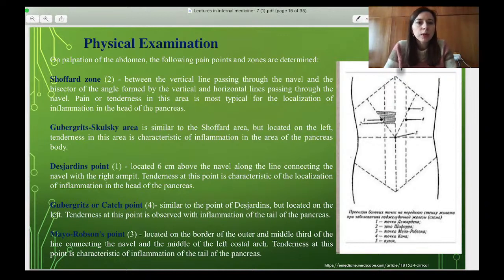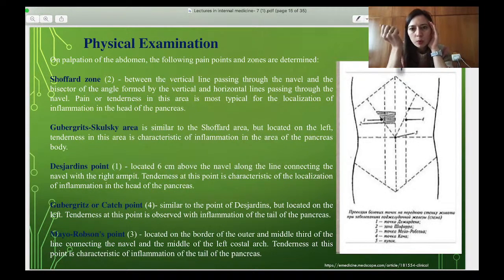And physical examination. On palpation of the abdomen, the following pain points and zones are determined.